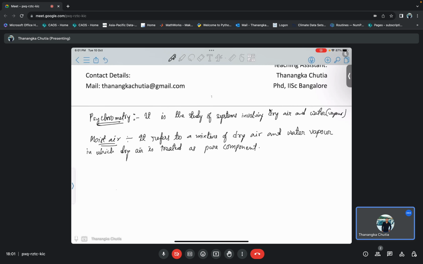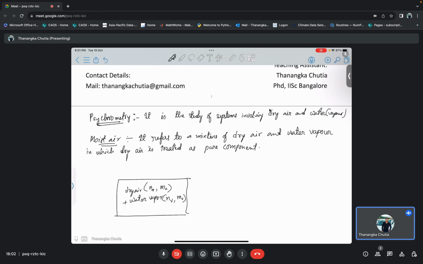Just let me draw. Suppose this is a container, and it contains dry air plus water vapor. For dry air, let me say the number of moles is Na and the mass of the dry air is Ma, and for the moisture, that is the water vapor, it is Nv and Mv.